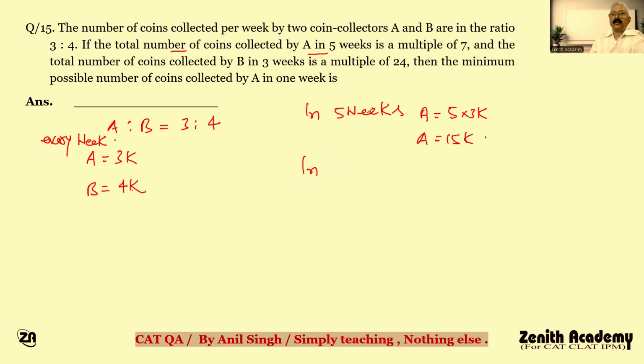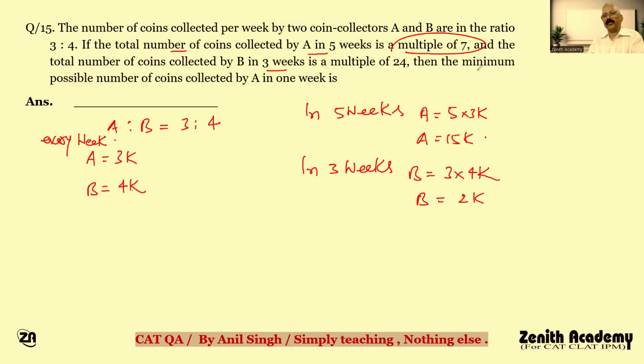And in 3 weeks, B collects 3 into 4K, which means 12K coins.